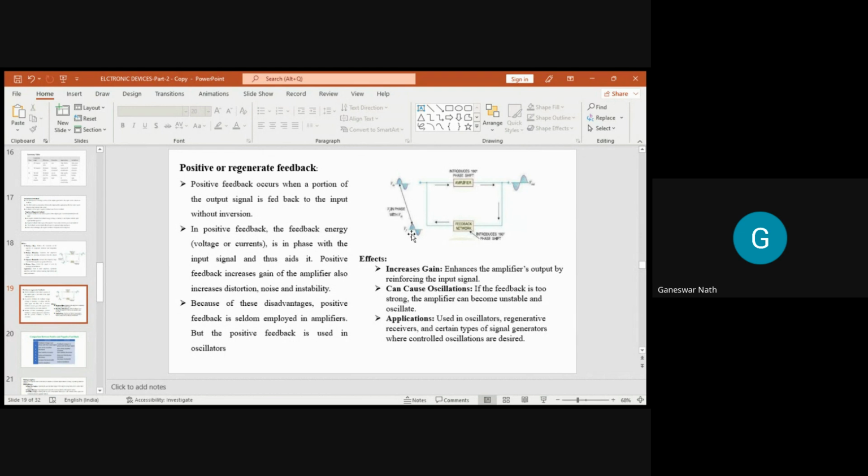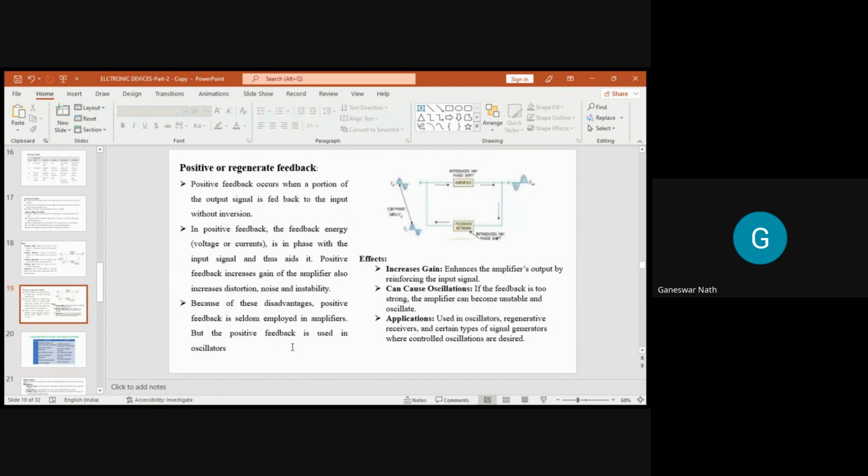This is the benefit of positive feedback. But most of the time, with positive feedback we are not getting sufficient actual output. Rather, we always put negative feedback. If you put negative feedback in the circuit, then it is highly appreciated. Because of these disadvantages, positive feedback is seldom employed in amplifiers, but most amplifiers use negative feedback.